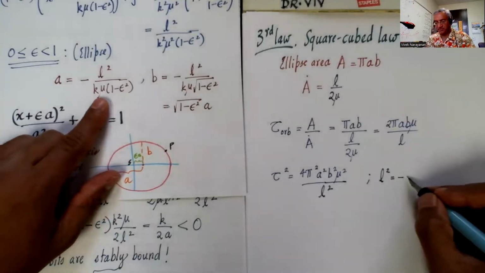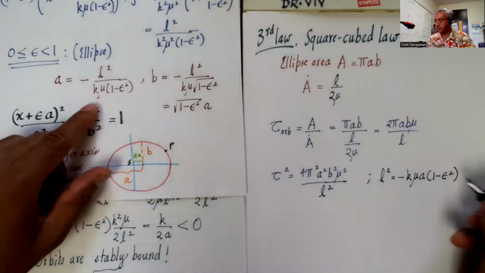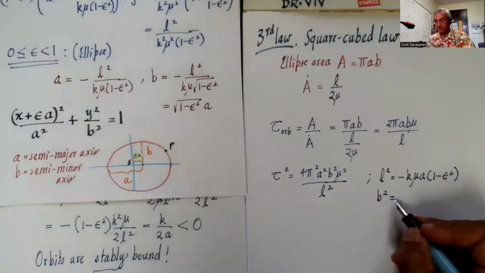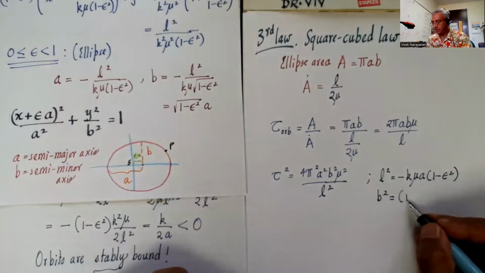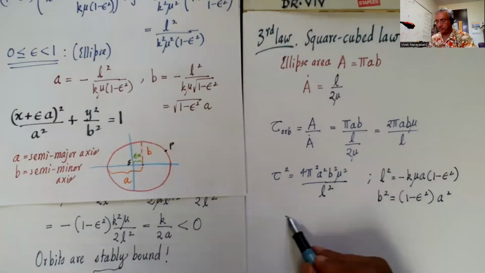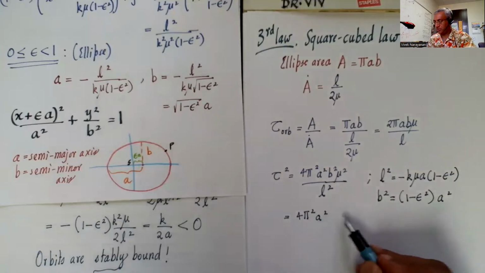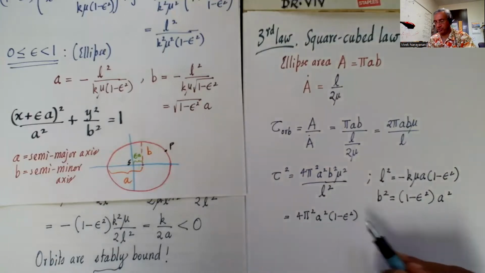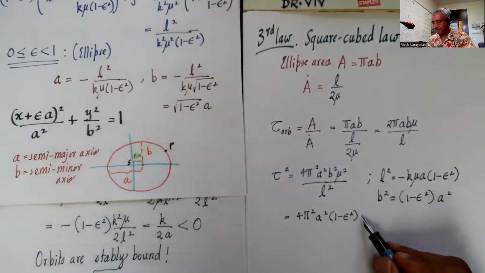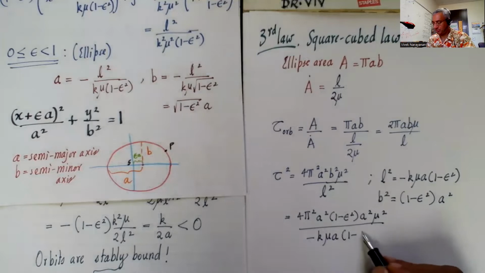L squared is negative K mu A 1 minus epsilon squared. And B squared is the square of this. So that's going to be 1 minus epsilon squared A squared. I'm going to substitute it here. So I'll get 4 pi squared A squared 1 minus epsilon squared. I'm substituting for B squared now. And for L squared, I'm going to substitute negative K mu A 1 minus epsilon squared.